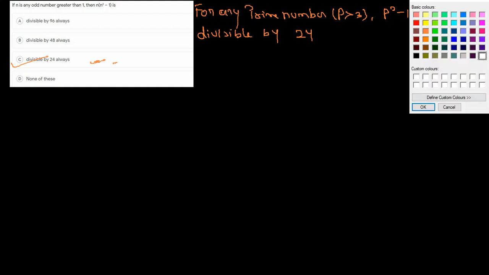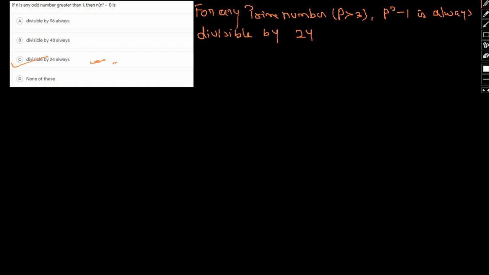Okay, suppose I take p is any prime, right? So p is of the form, let p be, we know prime is of the form 6k plus minus 1. Okay, therefore now if I take p squared, I can write this as 36k squared plus 1 plus minus 12k.